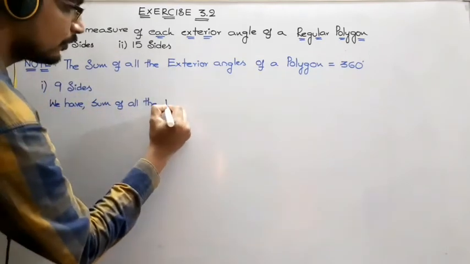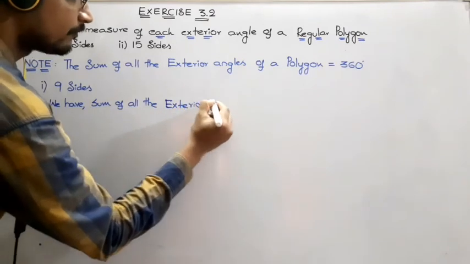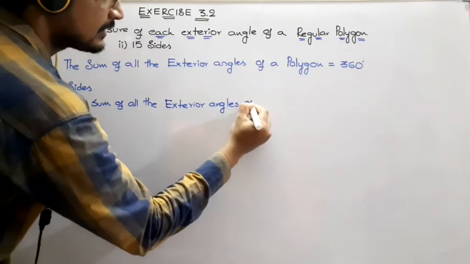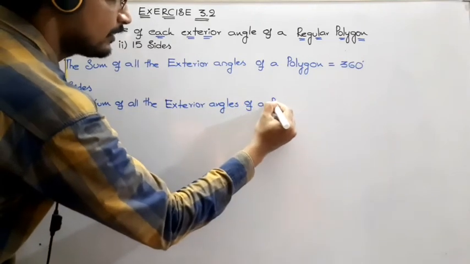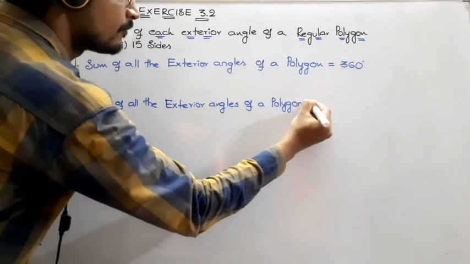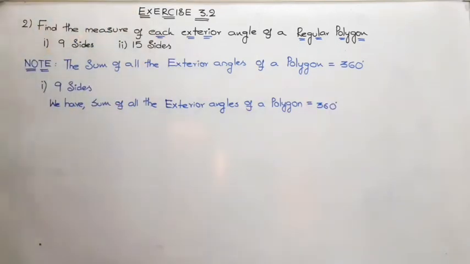This is a note itself. Sum of all the exterior angles of a polygon is equal to 360 degrees.